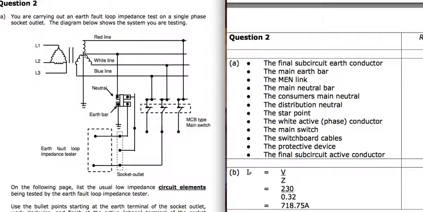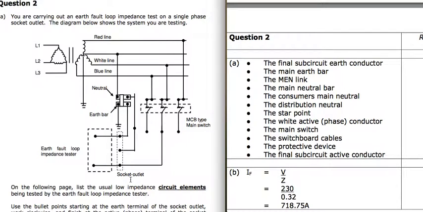Now, I think that they've missed out the actual winding of the transformer, which is fairly important in the calculation of earth fault loop impedance, and they've gone for the active phase conductor, and then to the main switch, and the switchboard cables, and the protective device, and the final sub-circuit active conductor.